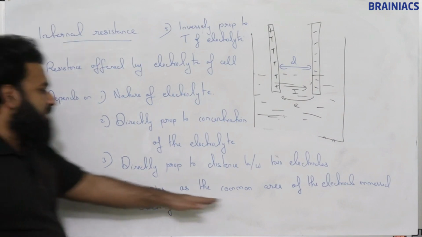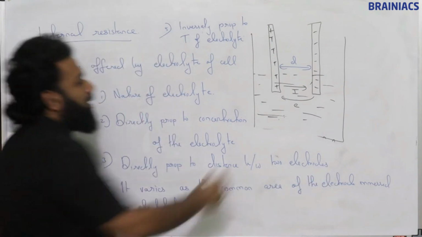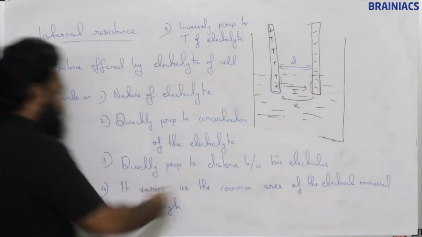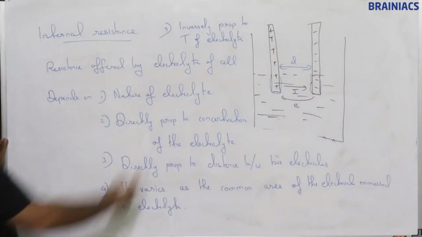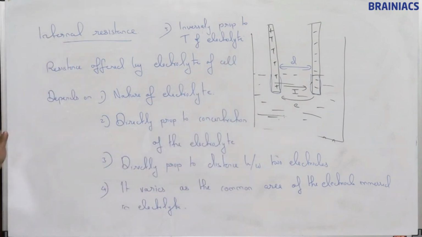Then it varies with the area of the electrode immersed in the electrolyte. Then it is inversely proportional to the temperature of the electrolyte.